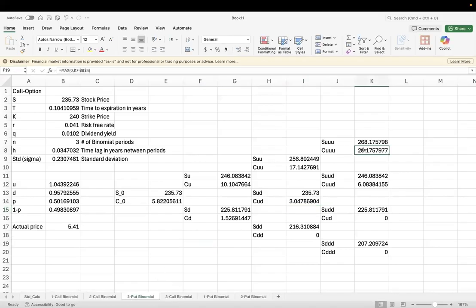Great. And then get this formula, change it to this minus this. And copy this, paste, paste, paste.